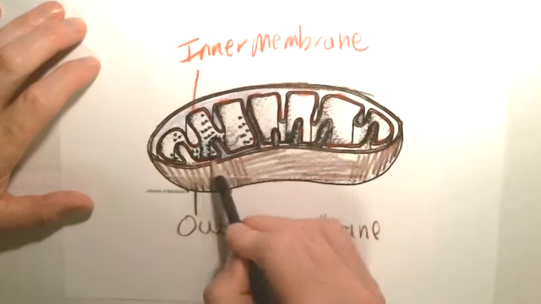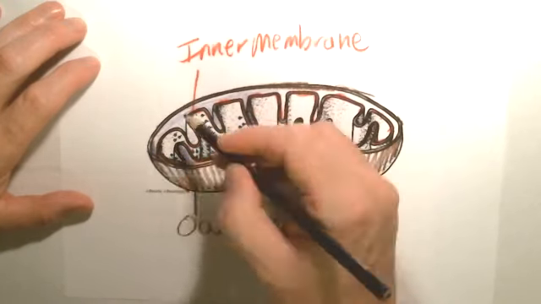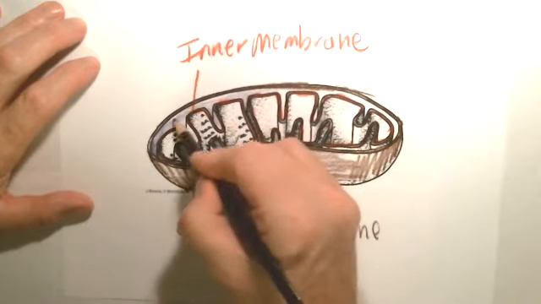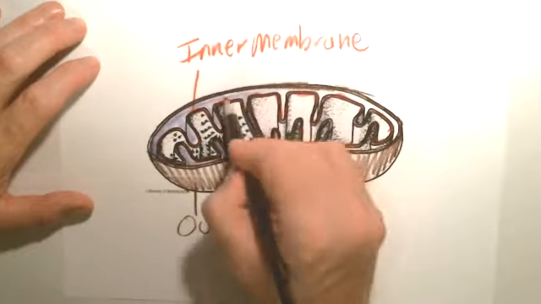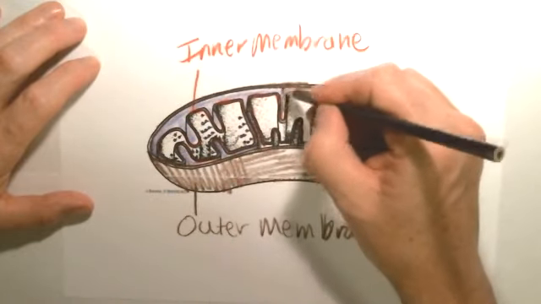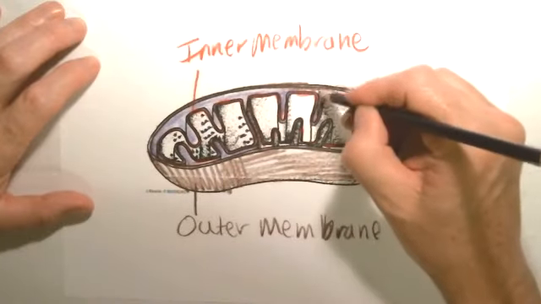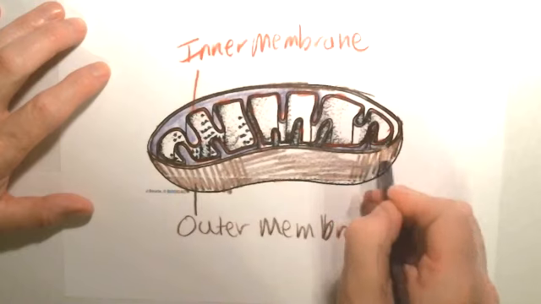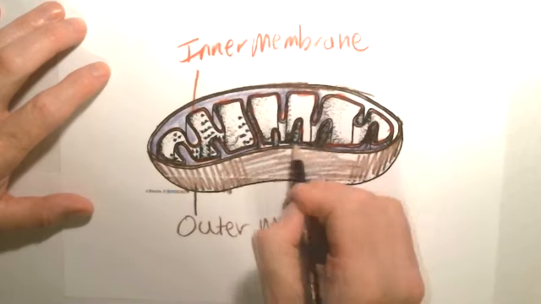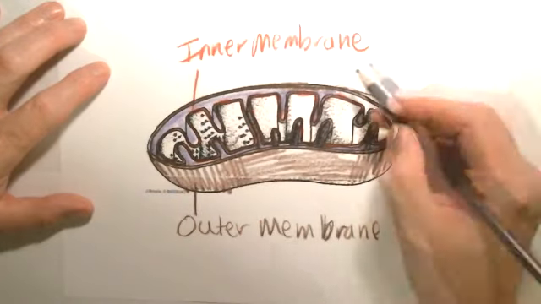And pre-AP is not needing to know a whole lot of detail about this. IB and AP do, and for those of you in IB or AP, what you need to know about this is where a large number of enzymes are held. It's also where there's a high concentration of protons, and those protons show up there because of the electron transport chain, and you'd have to watch a different video to find out all that detail.